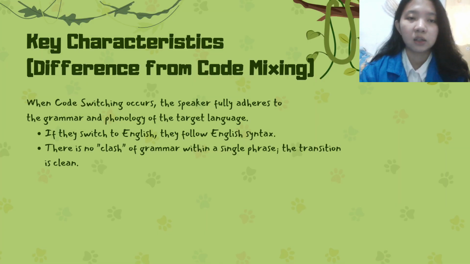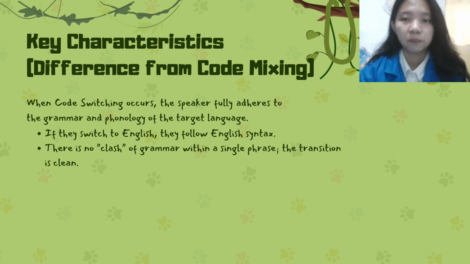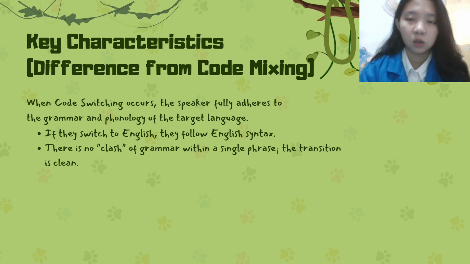And the key characteristic: when code switching occurs, the speaker fully adheres to the grammar or phonology of the target language. In code switching, the speaker completely follows the grammar and pronunciation of the language they switch into. So when someone changes from one language to another, the structure of the sentence also changes correctly according to the language.